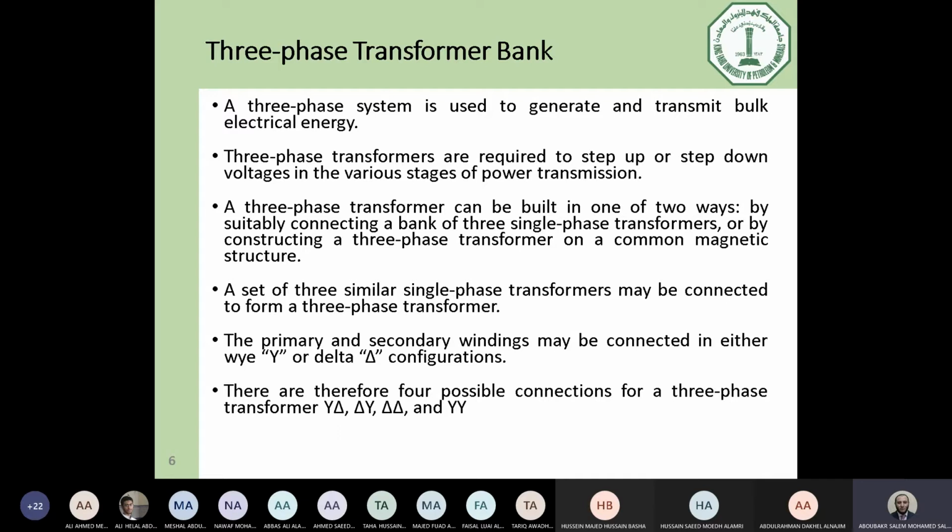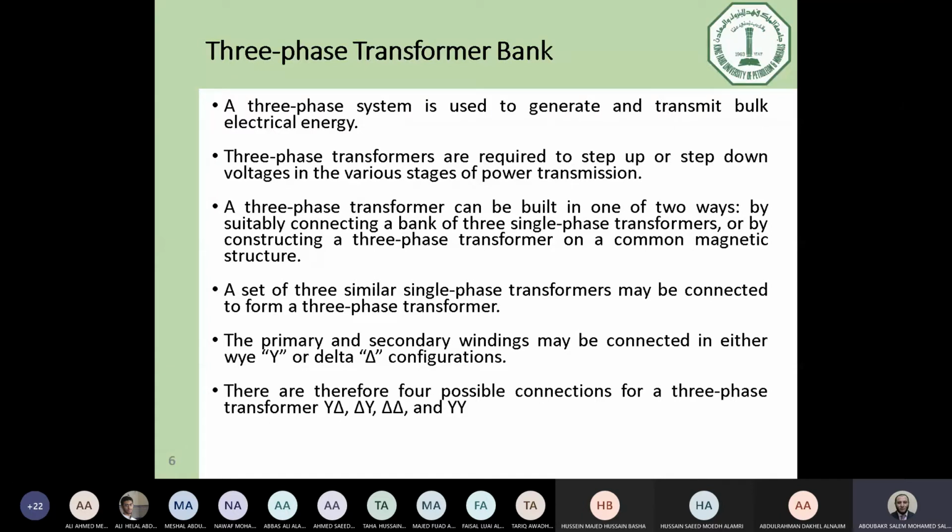A set of three similar single-phase transformers may be connected to form a three-phase transformer. And here, this is just a note that the three transformers have to be similar, with identical power and voltage levels. This is going to make the transformer a balanced three-phase, because if the phases are not similar, you will have different impedance per phase, and this is going to create imbalance in the connected load. Right. What about the connection of these transformers?